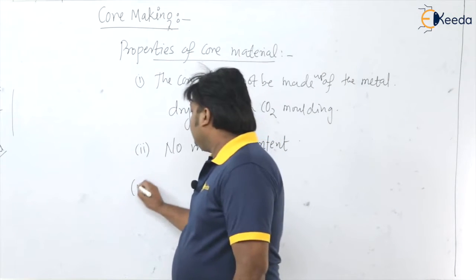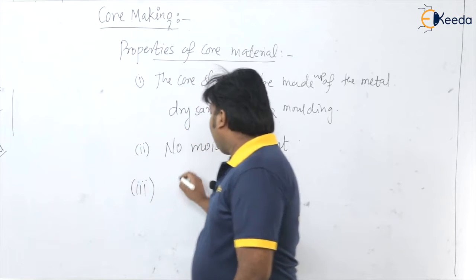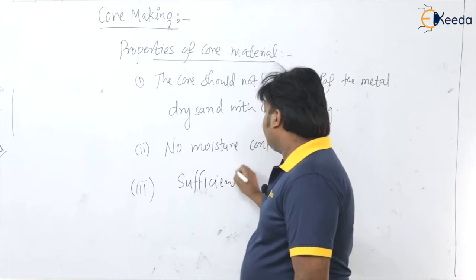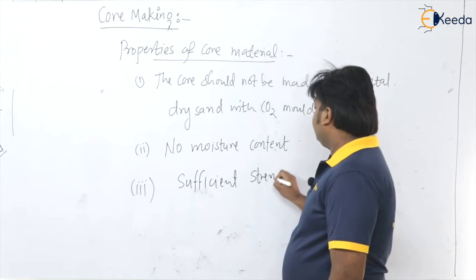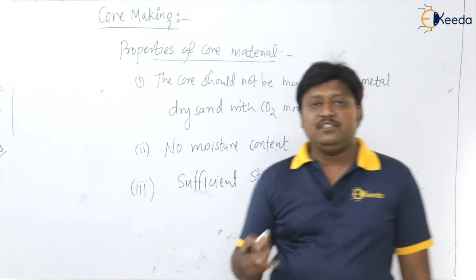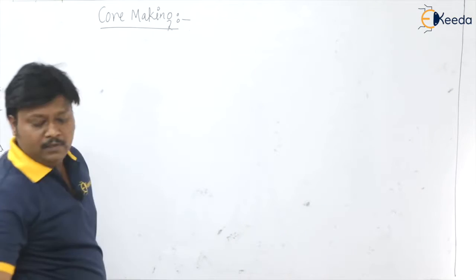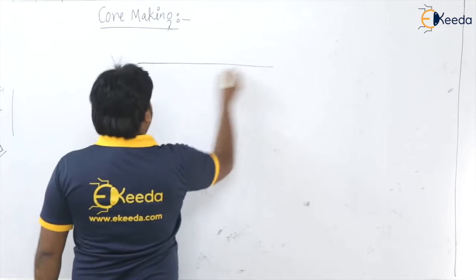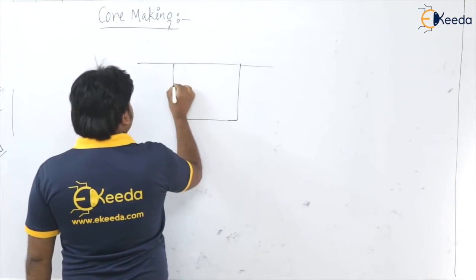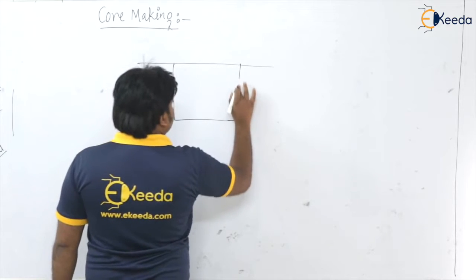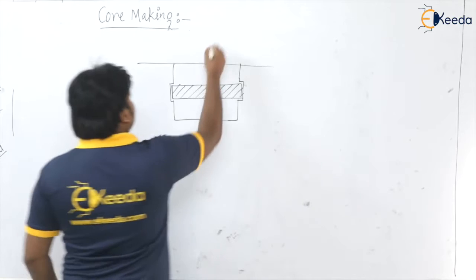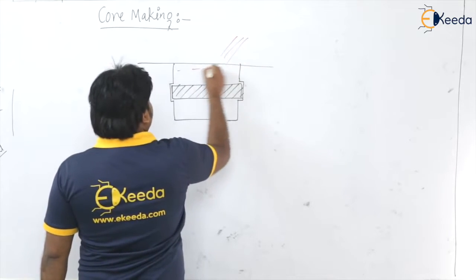The third thing is that it should have sufficient strength. The core material should have sufficient strength. See, this is our mold cavity, suppose, and to produce that hollow portion, we keep our core here and add the molten material, isn't it?